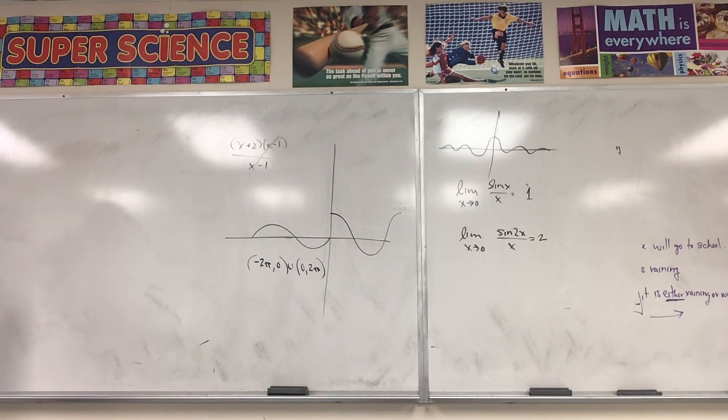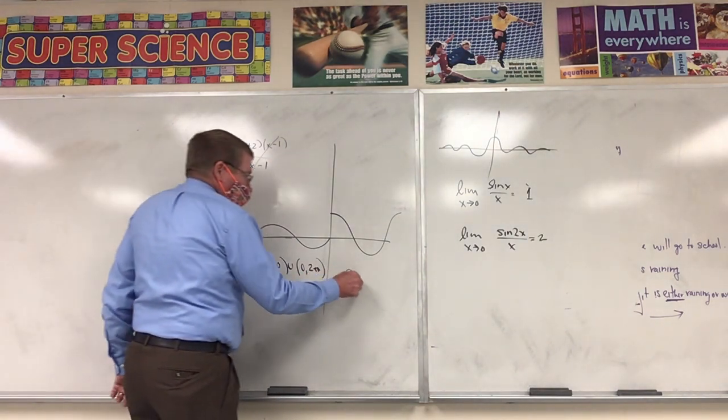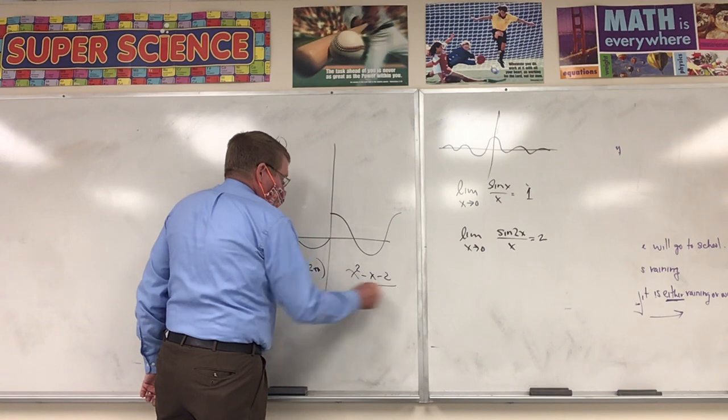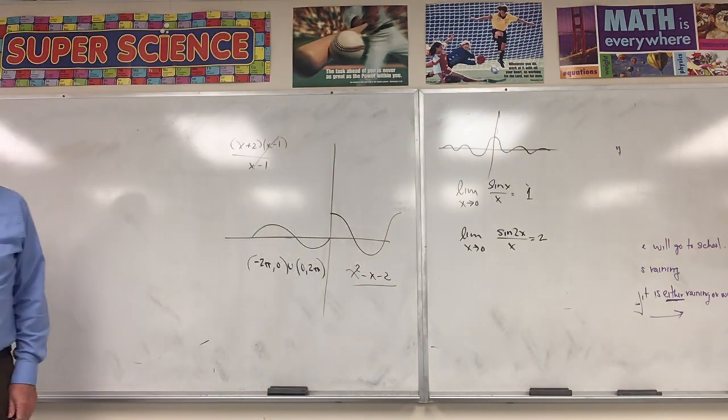It's 3. So look at your tables. Which one, as I get closer to 1, is getting closer to 3? C. Correct.